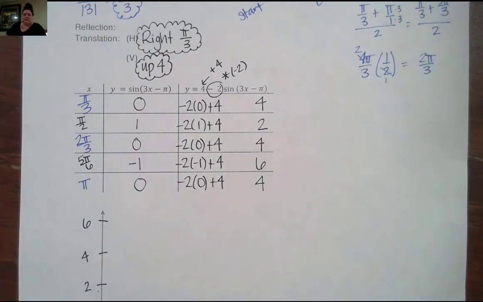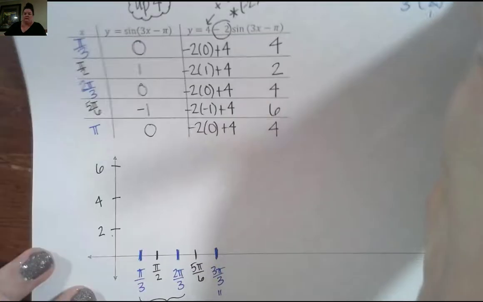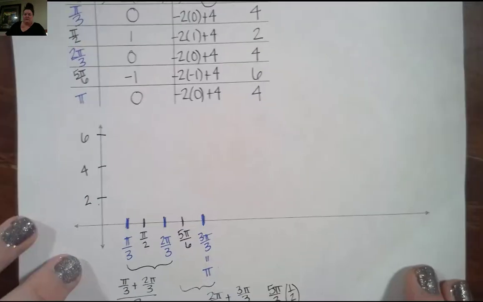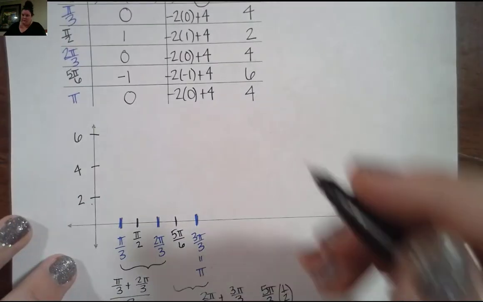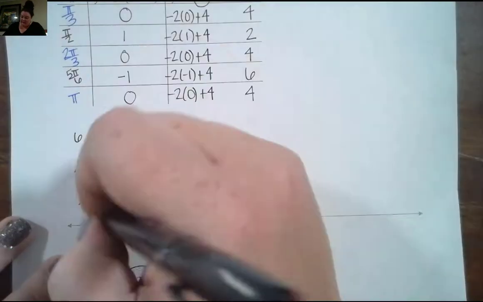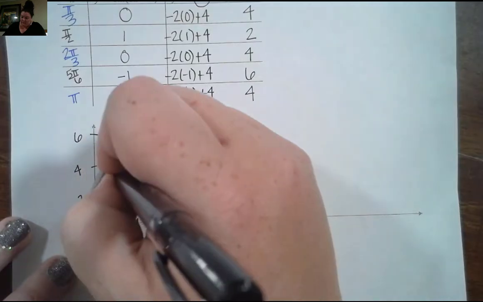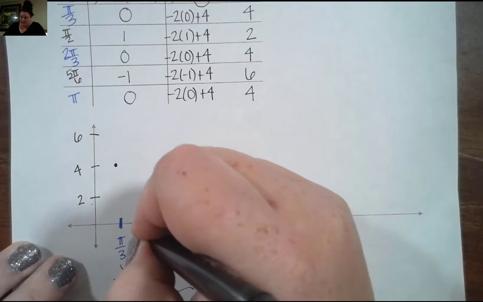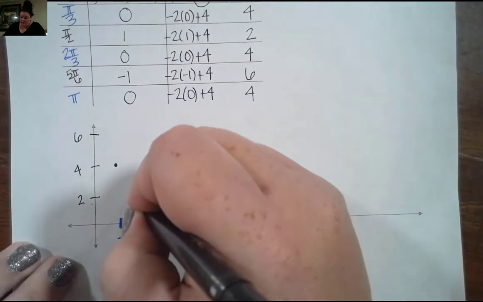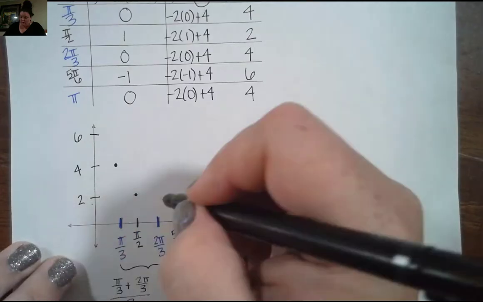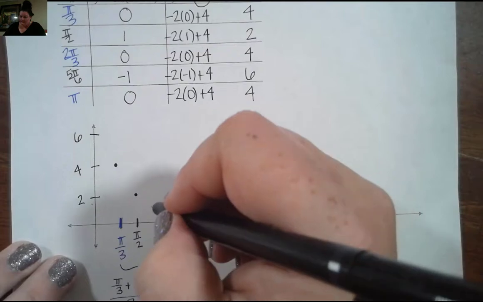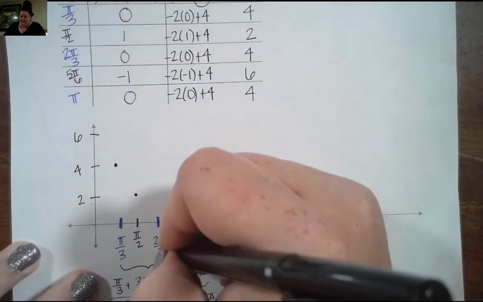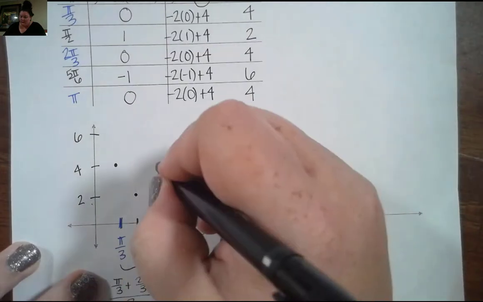Okay. Let's go ahead and draw our picture. So at pi over 3, we're up at 4. At pi over 2, we're down at 2. At 2 pi over 3, we're back up at 4.